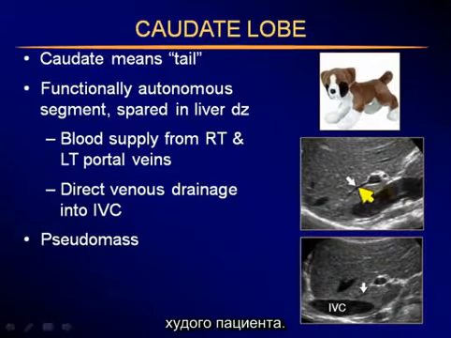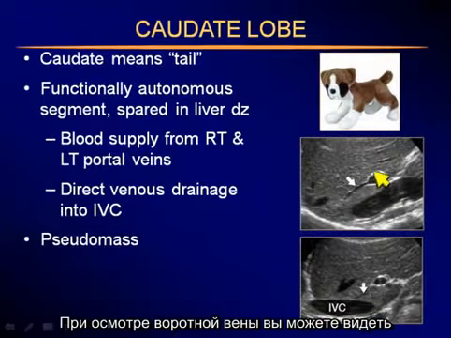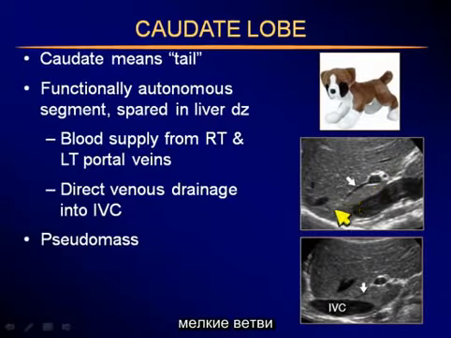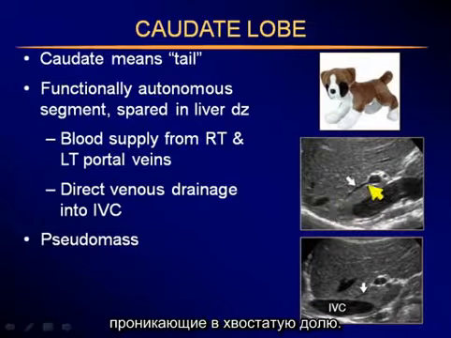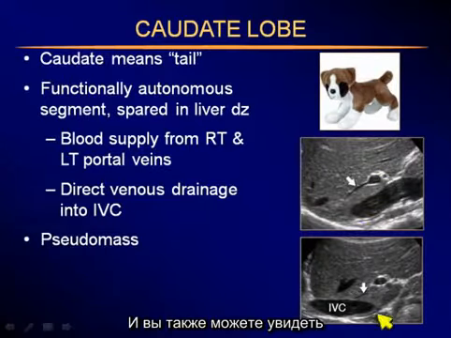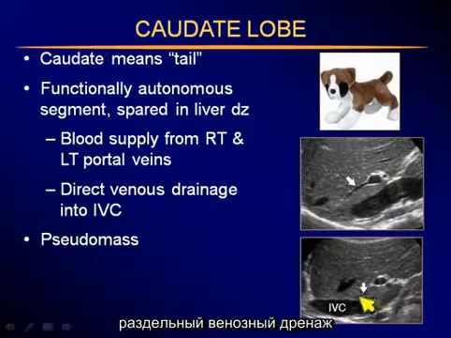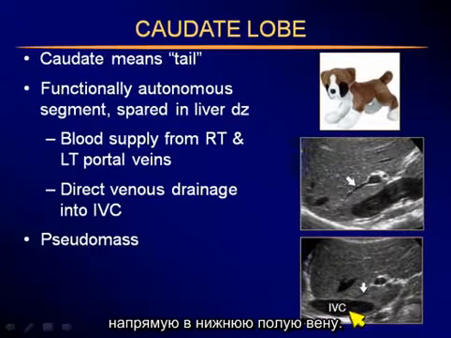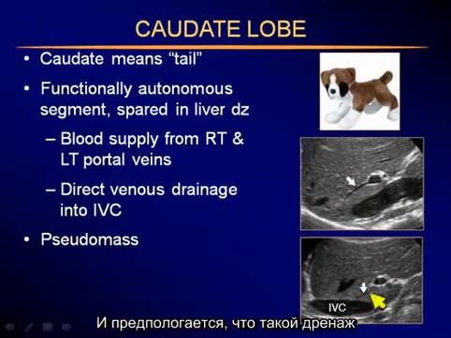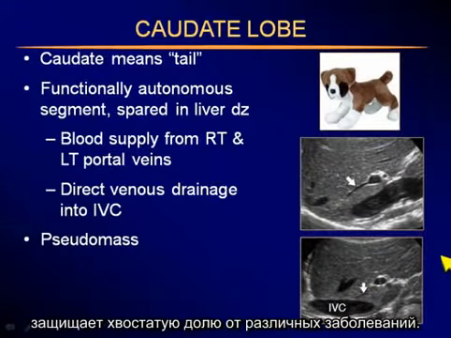If you have a good patient, a thin patient, and you look around the portal veins, you can see small branches entering the caudate lobe. And you can also see separate venous drainage directly into the inferior vena cava. And supposedly that drainage is what helps to protect the caudate from other diseases.